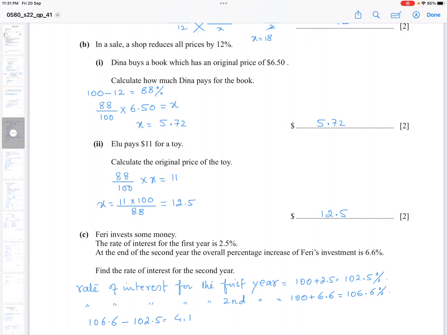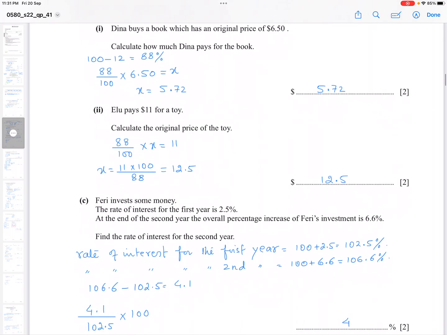In part C, Fairy invests some money. The rate of interest for the first year is 2.5%. At the end of the second year, the overall percentage increase of Fairy's investment is 6.6%. Find the rate of interest for the second year. Okay, the rate for the first year is 100 plus 2.5, that is 102.5%.